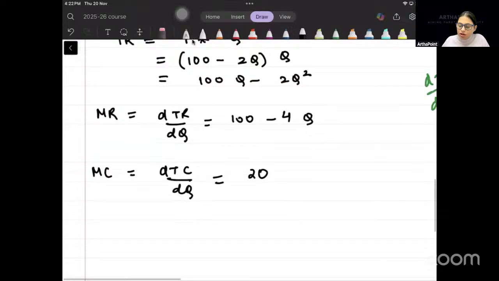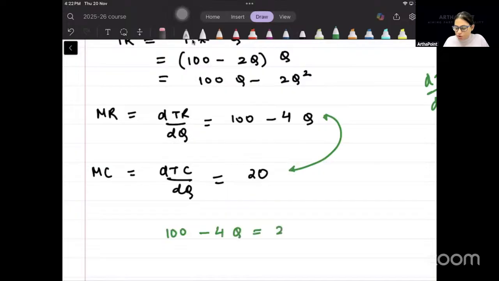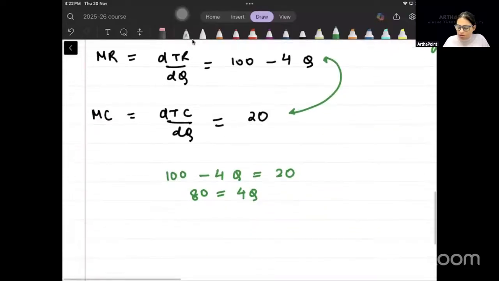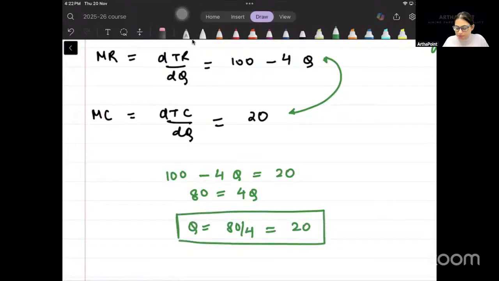Now we have to equate marginal revenue to marginal cost. So 100 minus 4Q equal to 20. 80 is equal to 4Q. Q is equal to 80 by 4, 20. ये आपका quantity आ गया. You get this as your quantity.